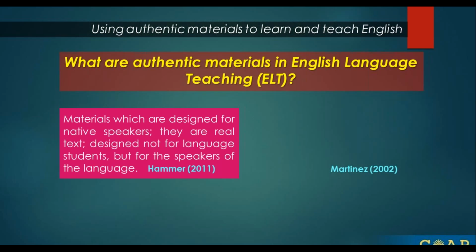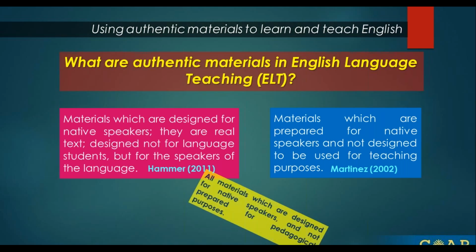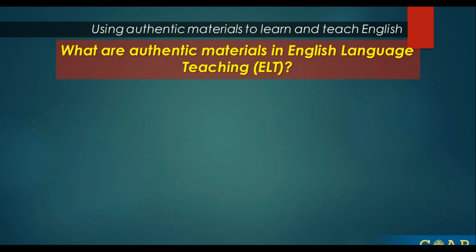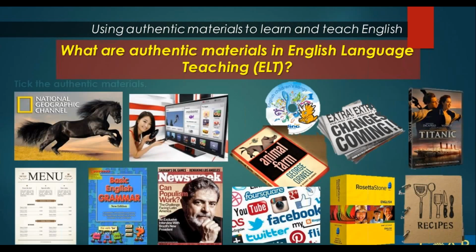Martinez in 2002 says, materials which are prepared for native speakers and not designed to be used for teaching purposes. So as a conclusion, we can say that authentic materials are those which are designed for native speakers and not prepared for pedagogical purposes. Okay, so now we are familiar with this definition. Now look at these pictures and tick the examples of authentic materials based on what we have read.